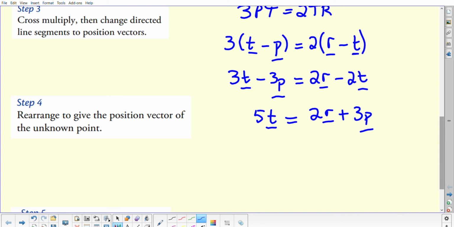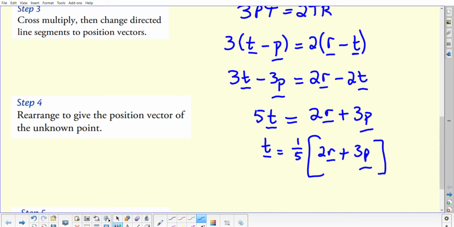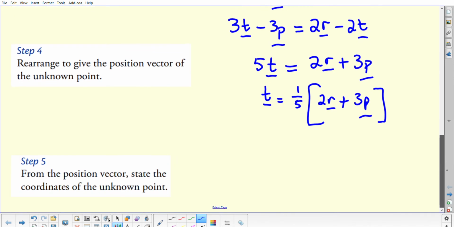To work out T, I'm going to have to divide by 5, or do a fifth of 2R plus 3P. So that's us rearranging to give the position vector of the unknown point, and from that we're going to be able to work out the position vector if we put our components in.